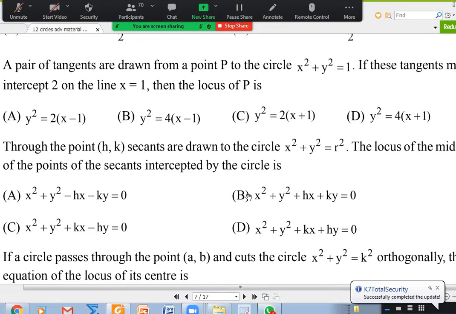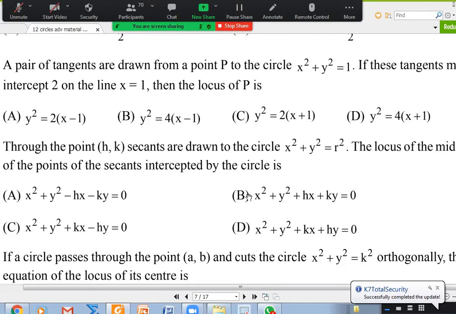x square plus y square equal to 1 is a circle. x equal to 1 is a tangent to that. We have to draw a pair of tangents from P to this circle, and the tangents make an intercept 2 on that line. I think they're looking for a point like this. When you draw the tangents, this distance should be 2. Then what is the locus of this point?